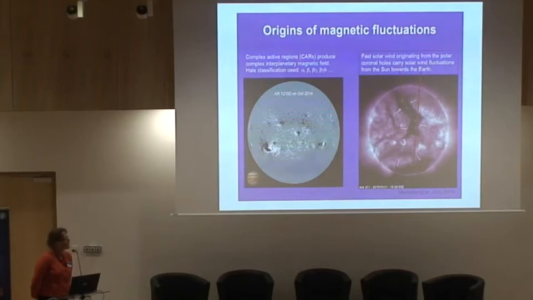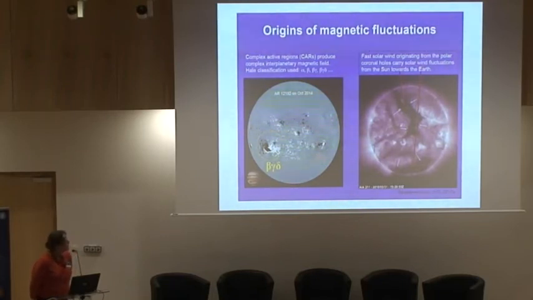So you can imagine how complex and complicated the magnetic structure is in those huge structures. And with the very good images from SDO, SOHO, and other spacecraft, we have been able to better understand how this complex magnetic field affects us and our infrastructure in the solar wind and on the ground.